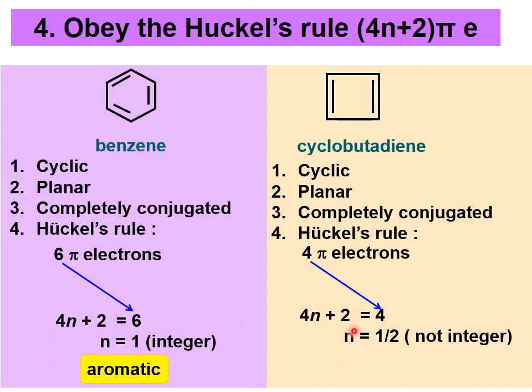But the n we calculated is not an integer, so cyclobutadiene cannot be considered an aromatic compound. So we use Huckel's rule, 4n plus 2 equal to the pi electrons. If n is an integer, it will be considered an aromatic compound.